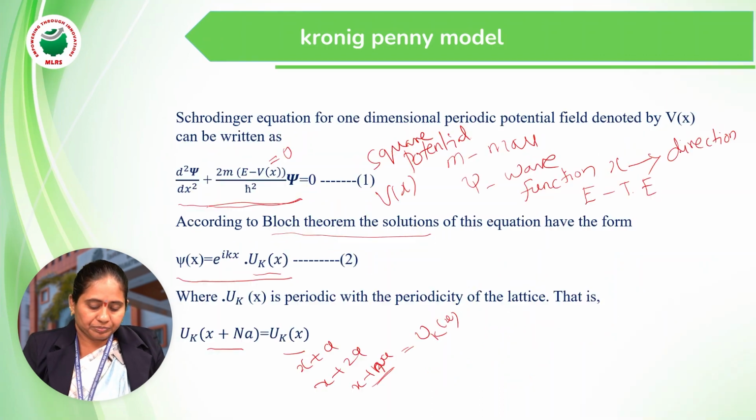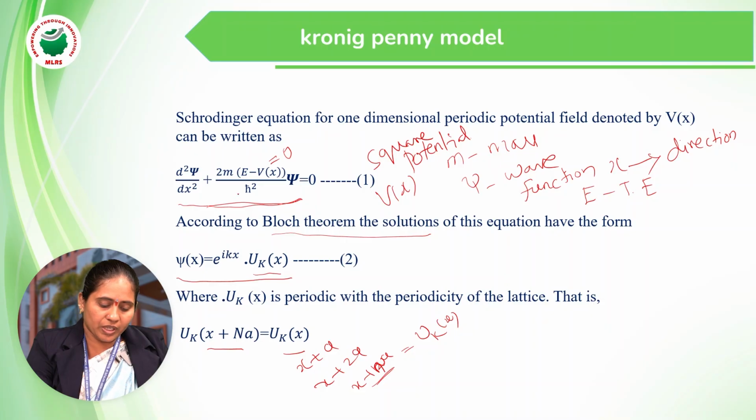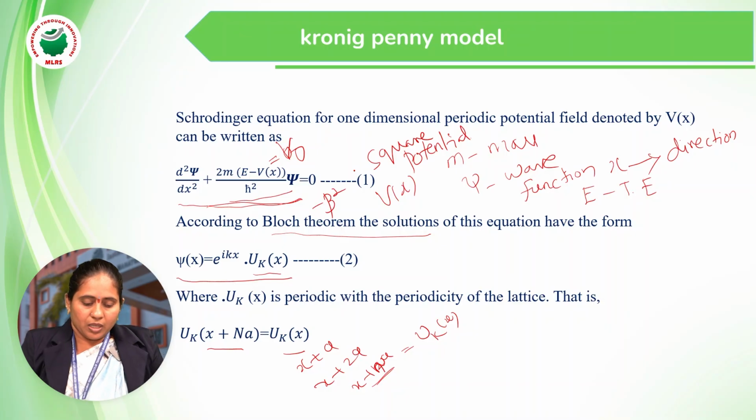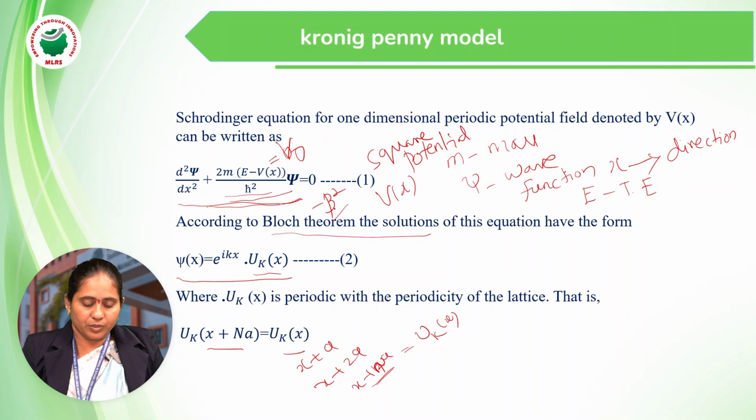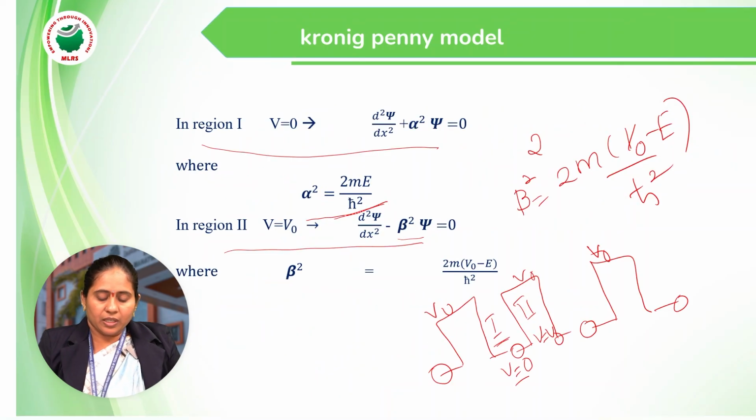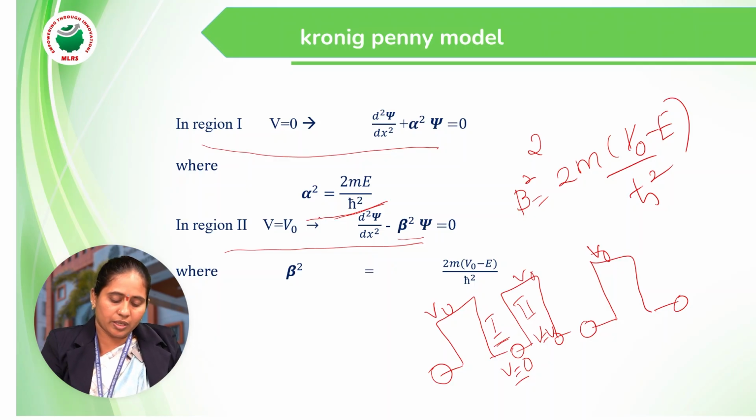So here in place of V, substitute V naught; 2m(E minus V naught) by h cross square is minus beta square. This entire term is substituted into the simplest form, that is beta square. So the equation becomes in terms of alpha square and beta square.